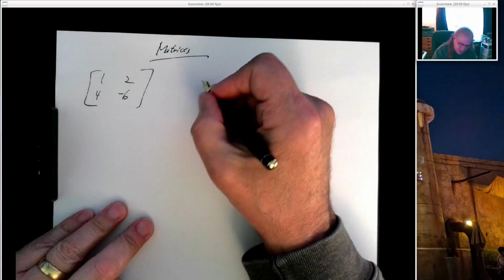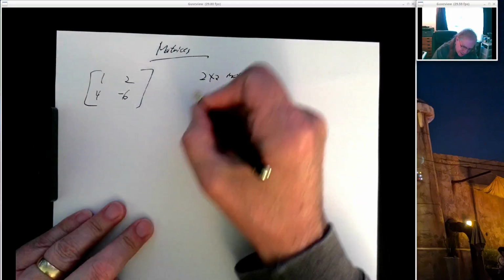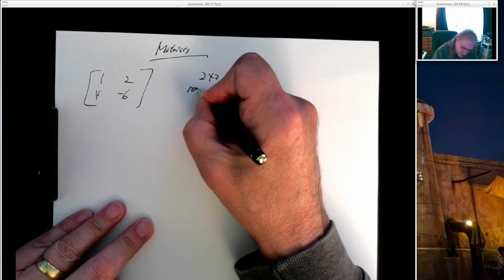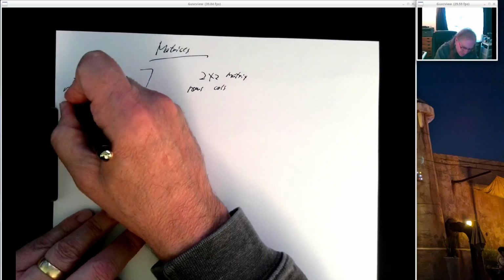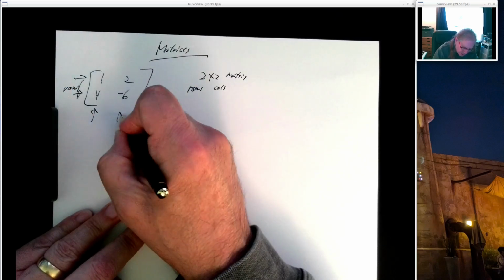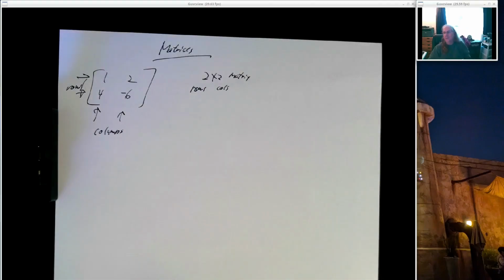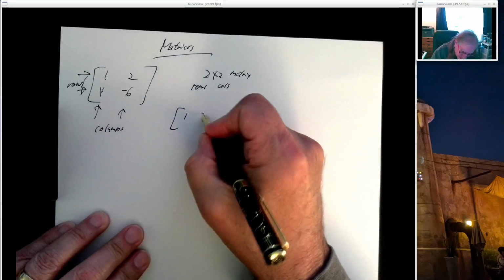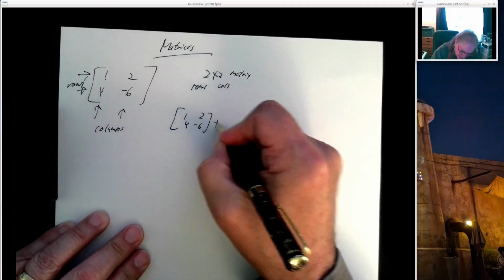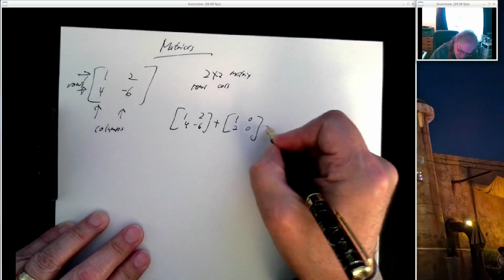But this is a 2 by 2 matrix. And this is 2 rows and 2 columns. So those are rows and those are columns. And we can do different things with matrices. For example, we can add matrices. So 1, 2, 4, negative 6 plus 1, 0, 2, 0.